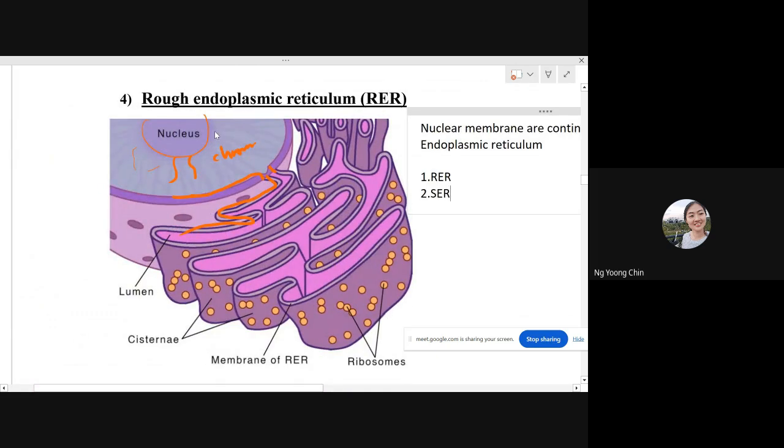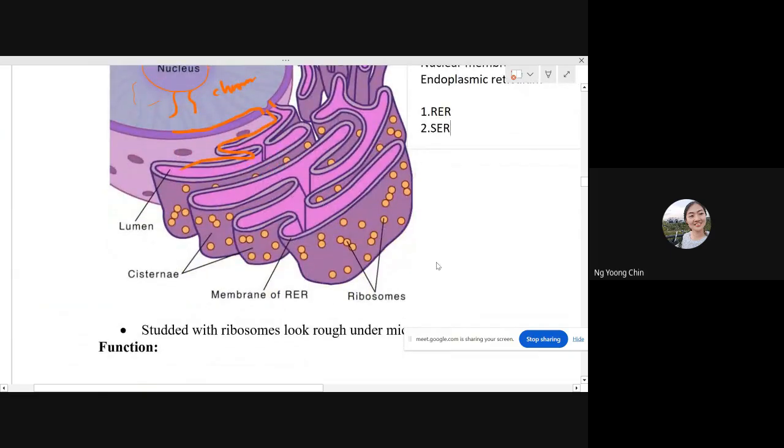In the rough endoplasmic reticulum, you have ribosomes attached on the surface. You can see these ribosomes attached on the surface of the endoplasmic reticulum, so it is known as the rough ER. It's just like your face when you grow a lot of pimples on it.